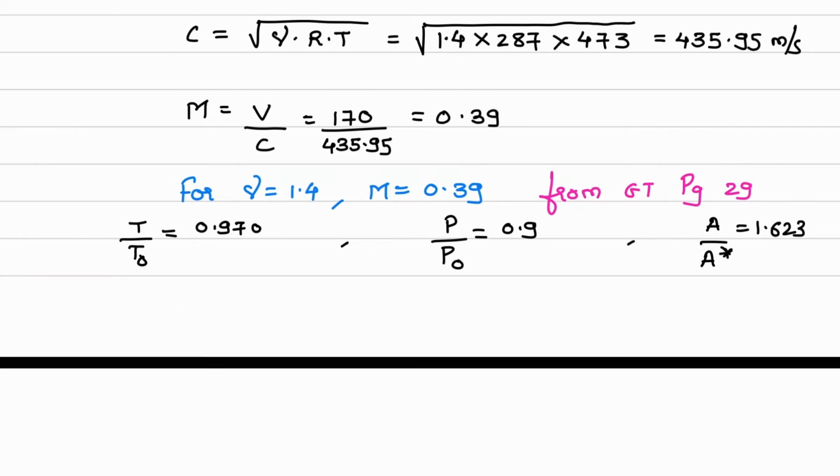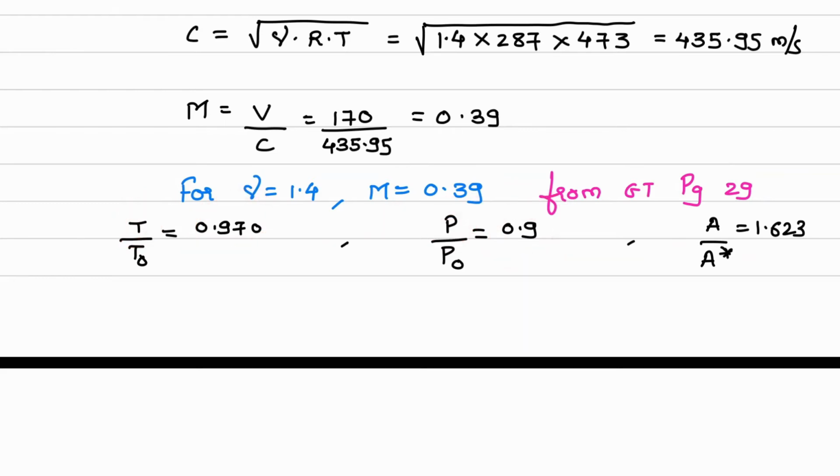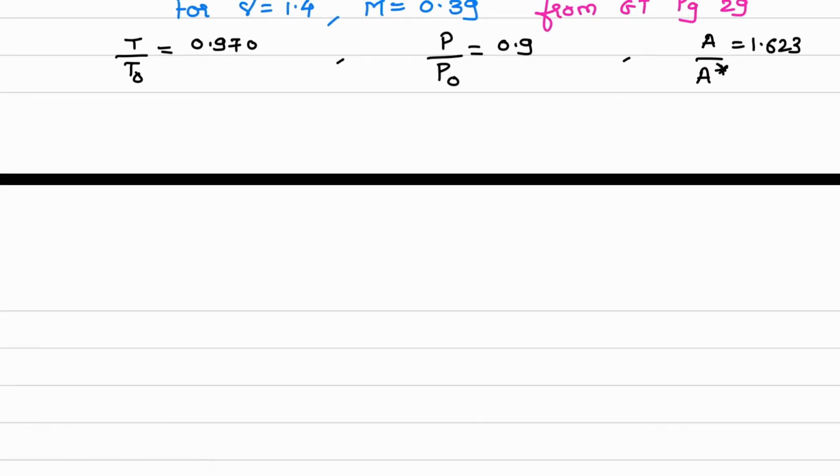Okay, now since the right hand side is known and the temperature and pressure have been given for that section, Mach number 0.39, we can find the stagnation temperature and stagnation pressure. So we'll do that now. What is the temperature given? Temperature given is 473. So stagnation temperature T0 will be equal to T upon 0.97.